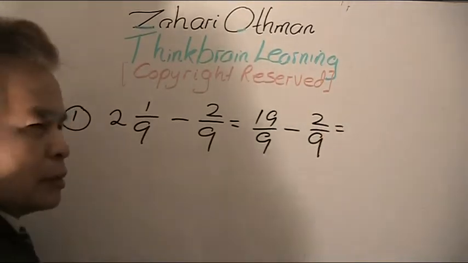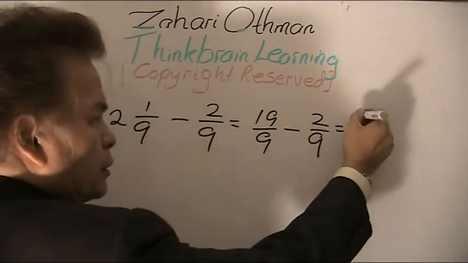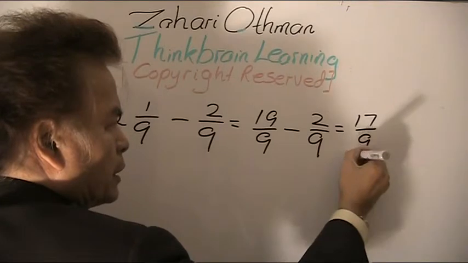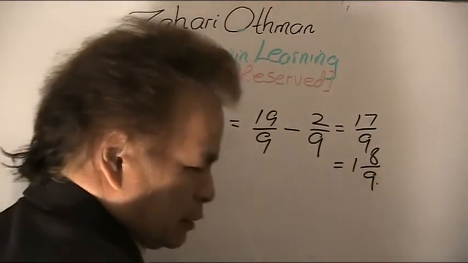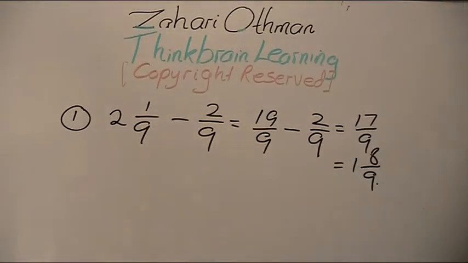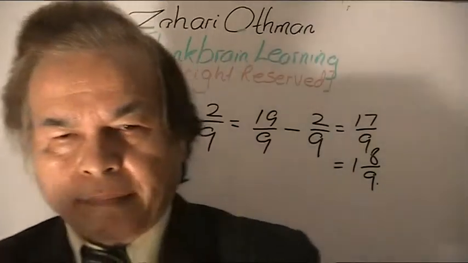That equals 19 minus 2 is 17 over 9, and that equals 1 8 over 9. You can always copy this down and we'll proceed to the next one.